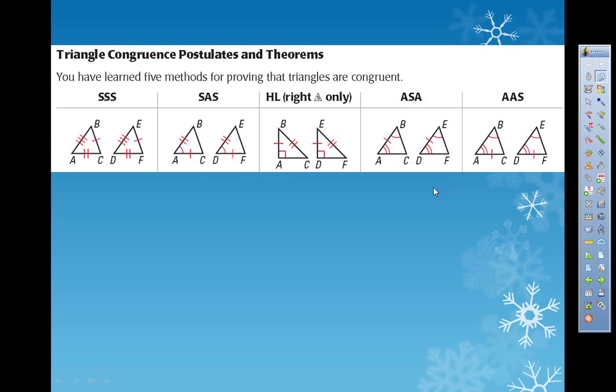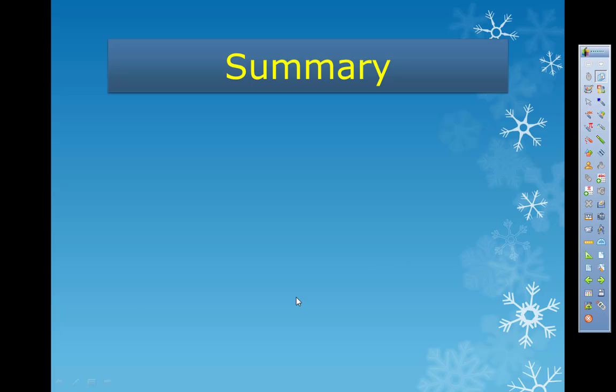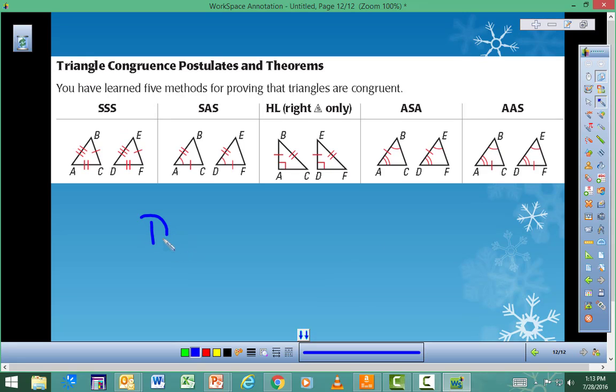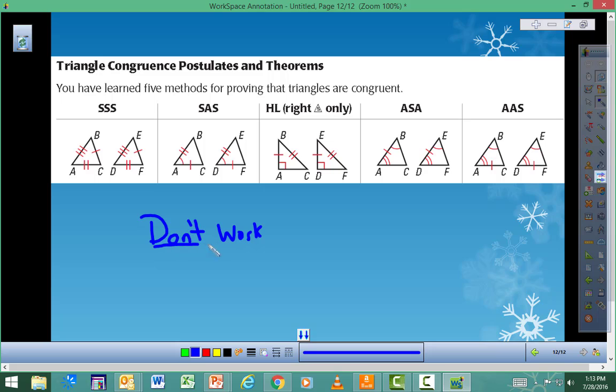Alright, so here's a little summary so far of what we've been able to do as far as proving triangles are congruent. We could use side, side, side, angle, side, angle, hypotenuse, leg for right triangles only, angle, side, angle, and angle, angle, side. And then there's a few that don't work. Please memorize this. The ones that don't work: number one, angle, angle, angle.